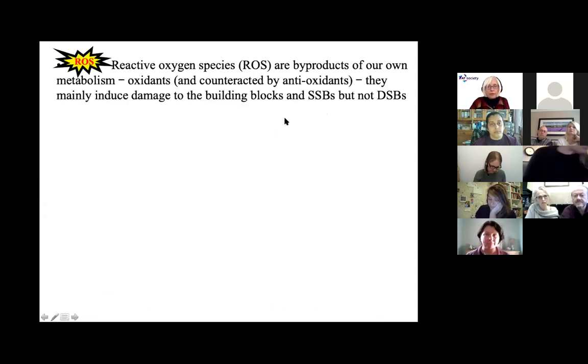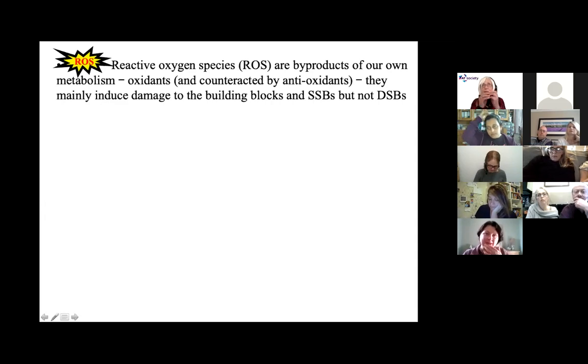So reactive oxygen species are byproducts from our own metabolism. We generate them ourselves. They can be counteracted by antioxidants, and maybe you've heard of antioxidants in your diet. Often we're told we want to have antioxidants in our diet, and they mainly produce damage to the building blocks and single strand breaks, but not very often double strand breaks.